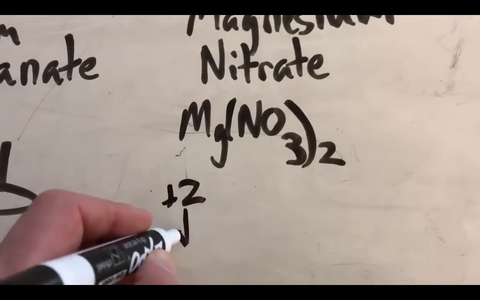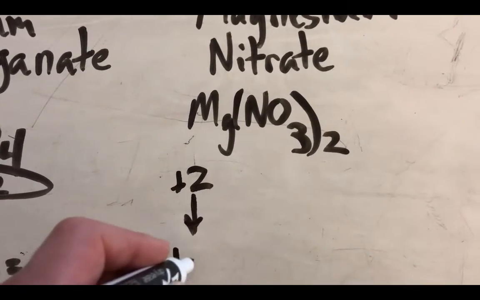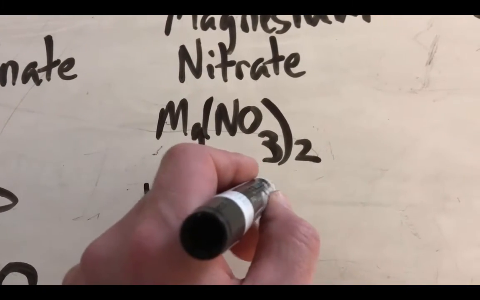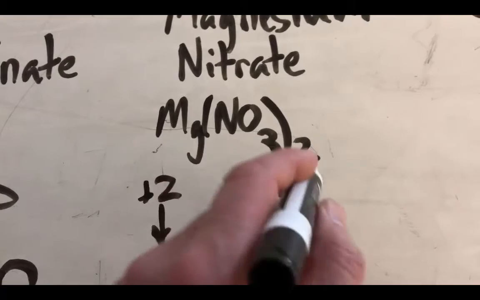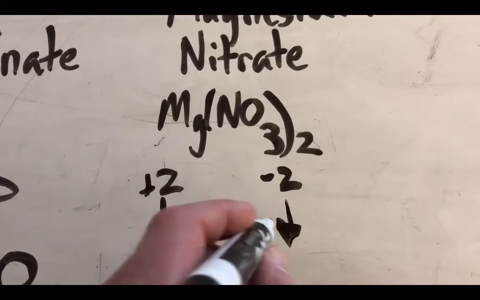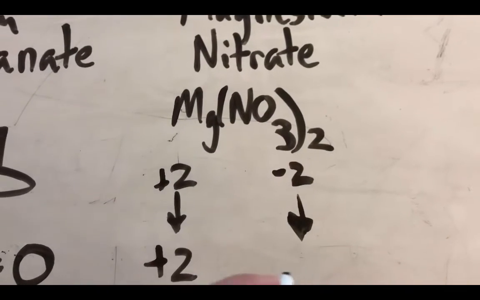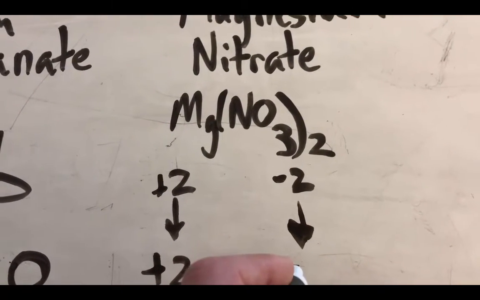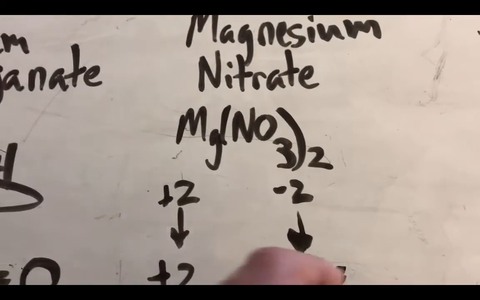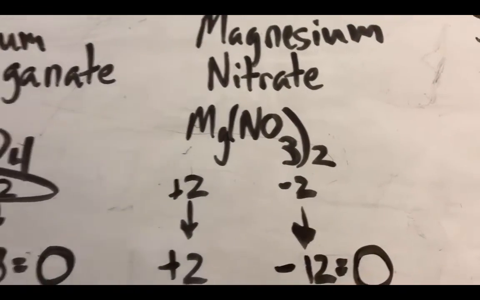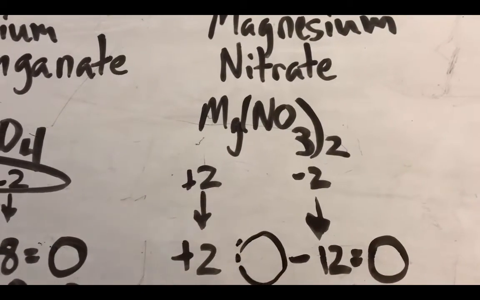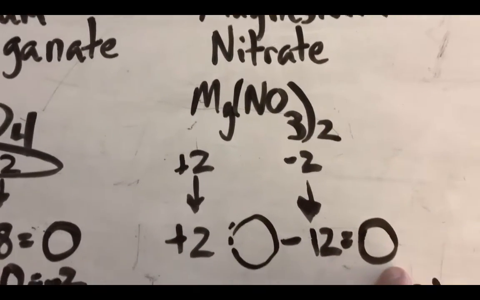I have one of them, so it is going to play a +2 charge. Oxygen is always a -2, but how many do I have here? Well, I have 6. So 6 times 2 is going to be -12, and this has to add up to 0 again. So what number has to go here mathematically to make this statement true?